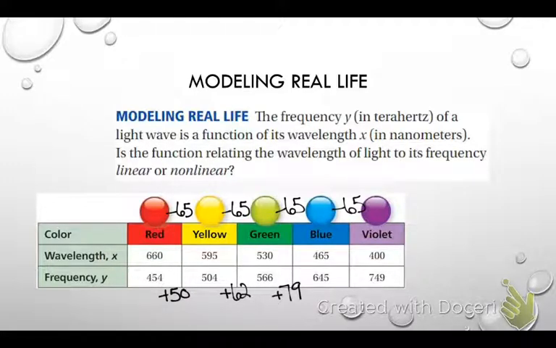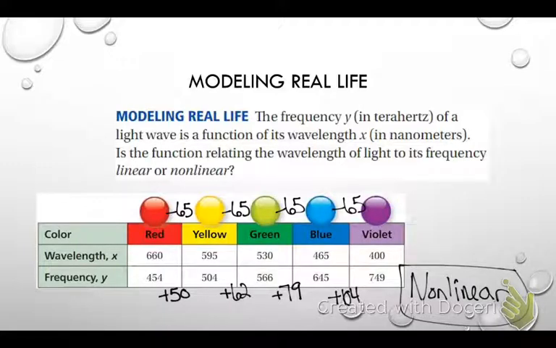It's definitely nonlinear, because my y's have to be adding the same values. What's my last interval? 104. Based on that evidence, I'm going to say nonlinear. There's no specific pattern. And if you understand that, that's everything you need to know for 7.4.